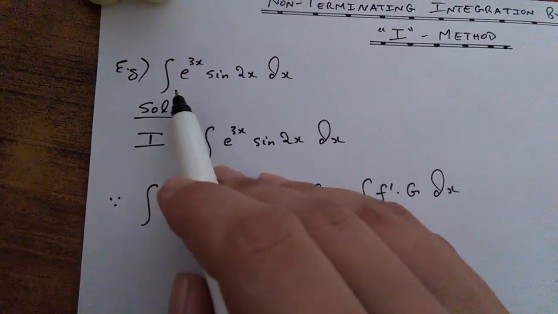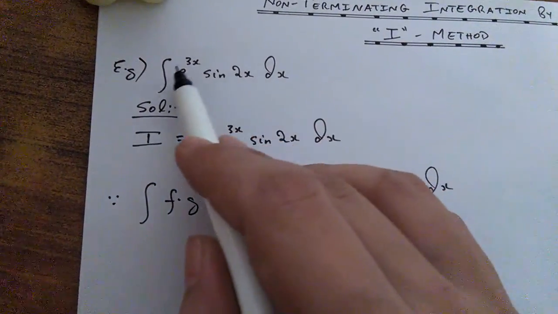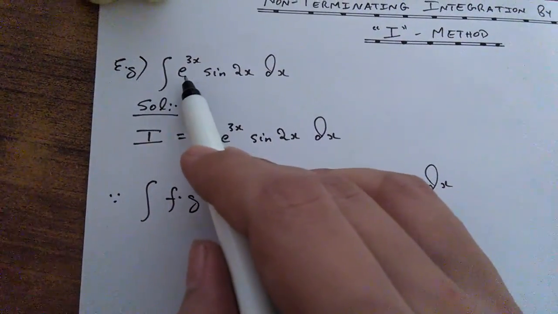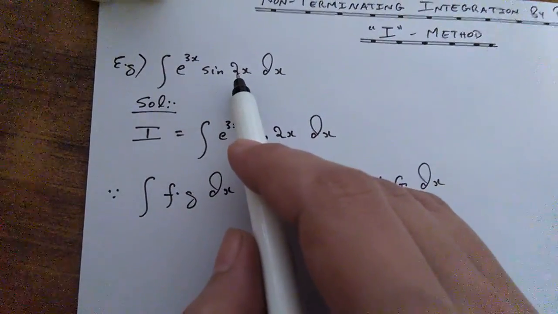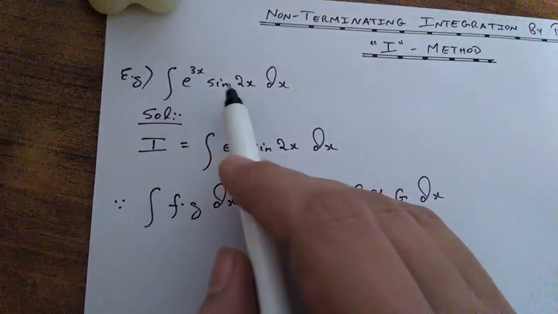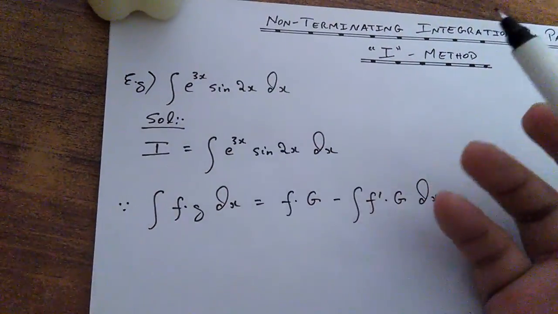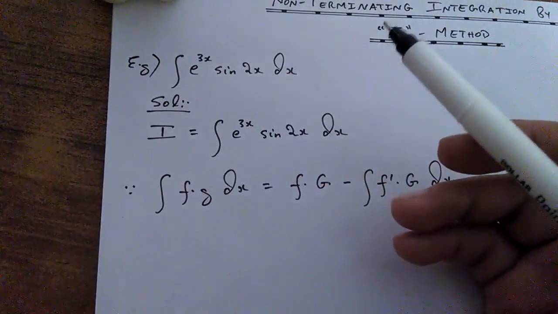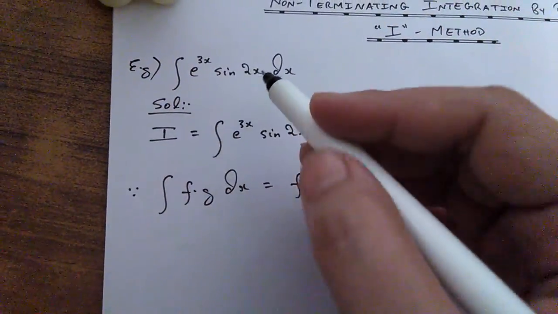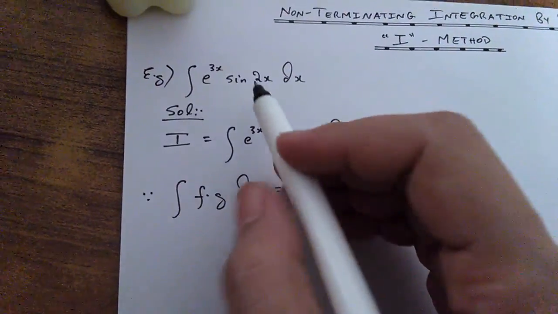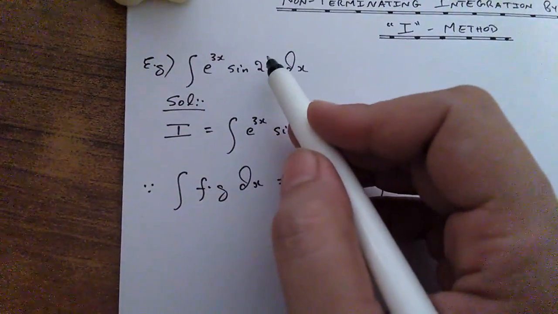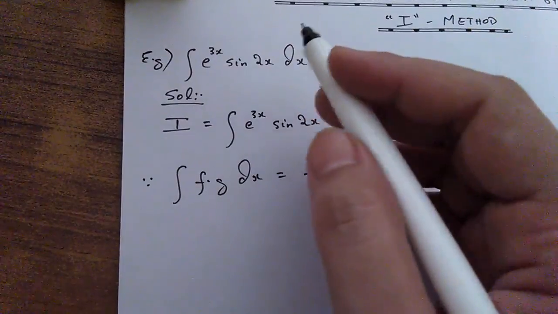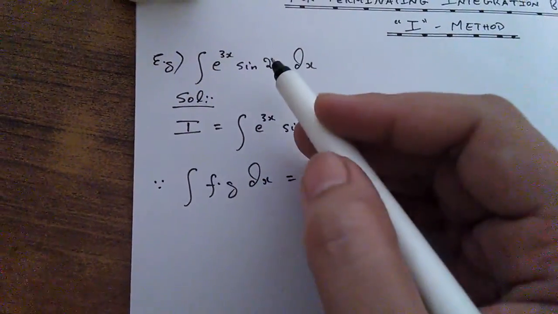Here you go, the example. You can see that the integrand is the product of two functions, one exponential and another trigonometric, and for both of these functions, whether you take their derivative or their integral, they are not going to come to an end. So they are non-terminating functions, and the product of such two functions is a non-terminating integrand.